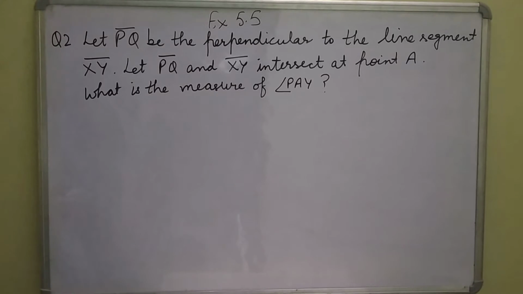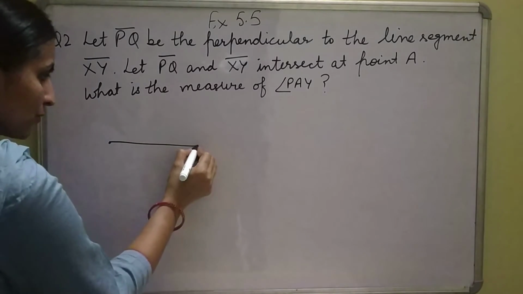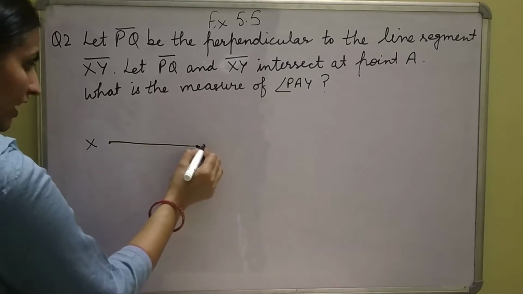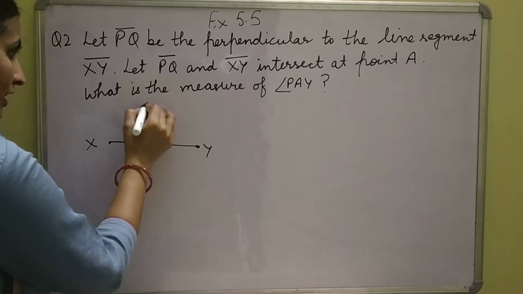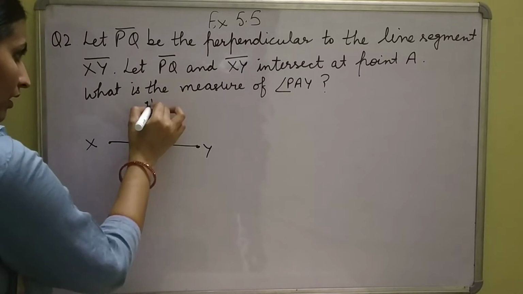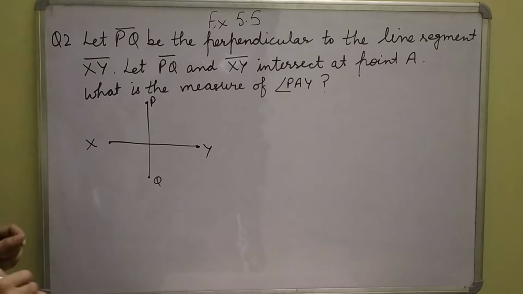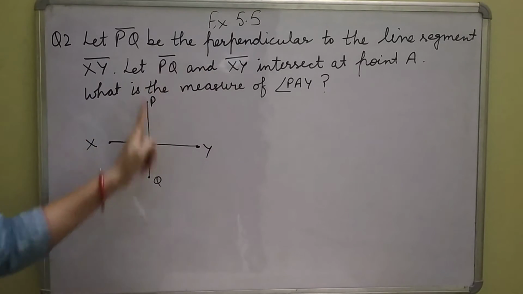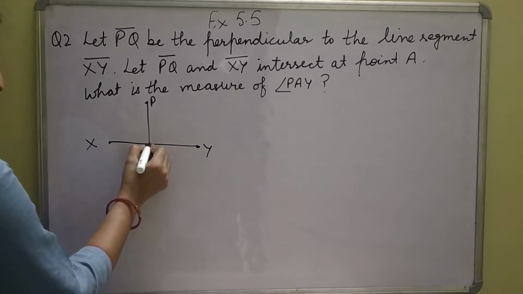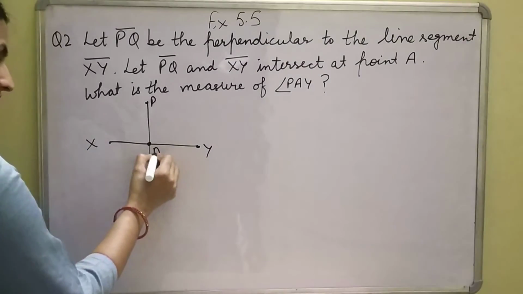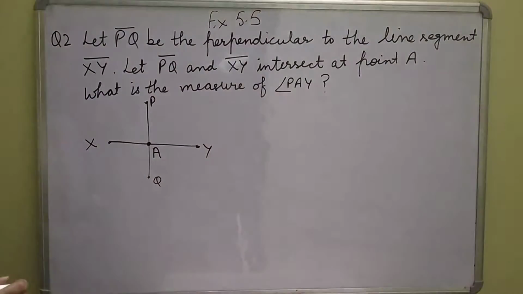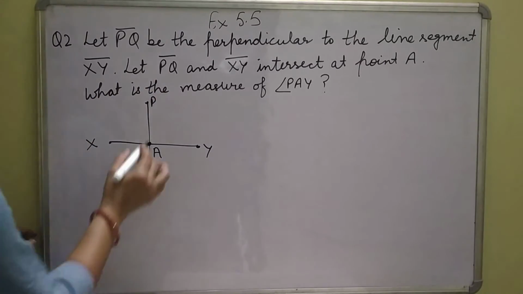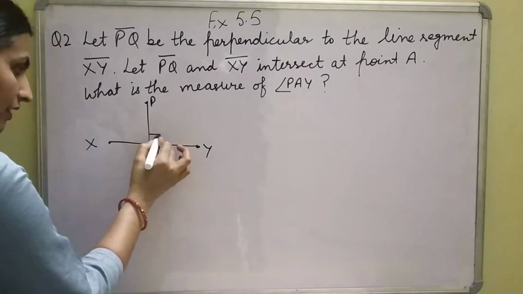Question number 2 is, let PQ be perpendicular to the line segment XY. This is our line segment XY and PQ is perpendicular to it. Let PQ and XY intersect at the point A. What is the measure of angle PAY?